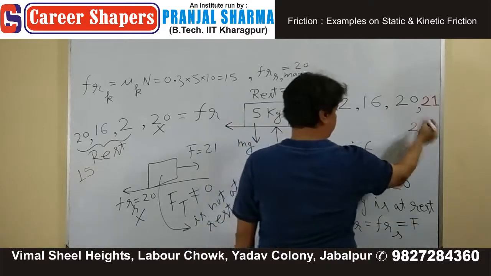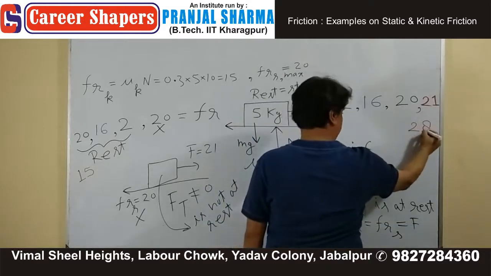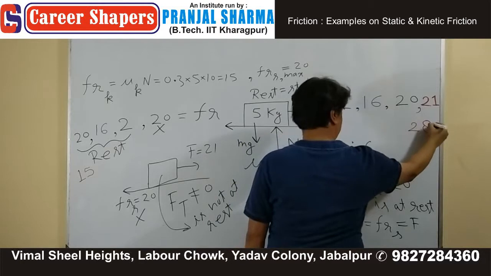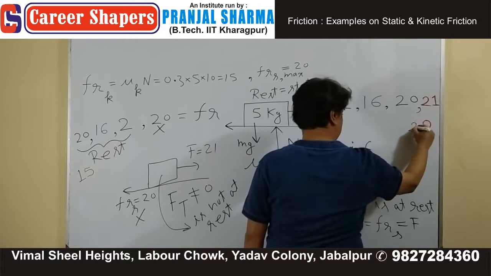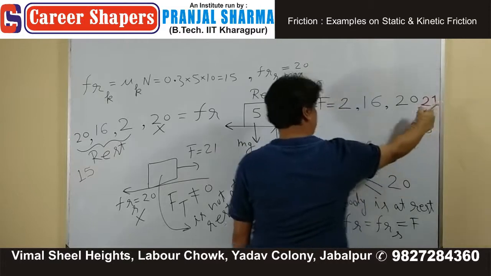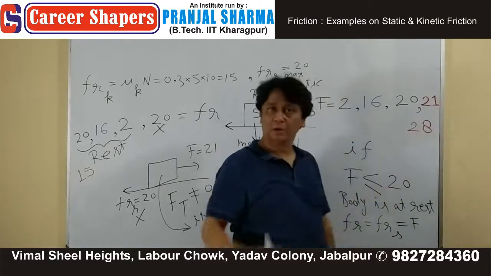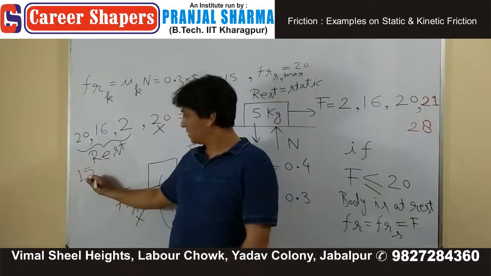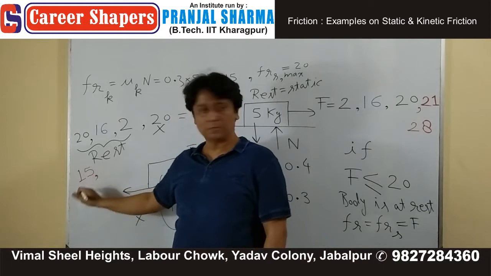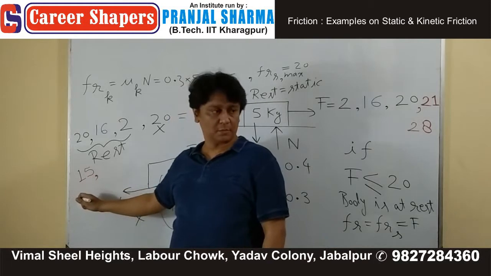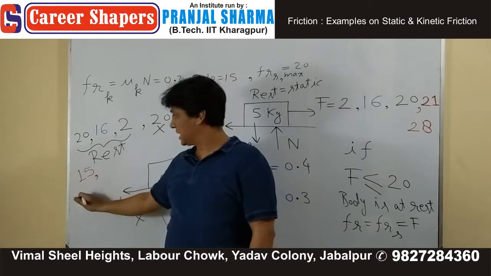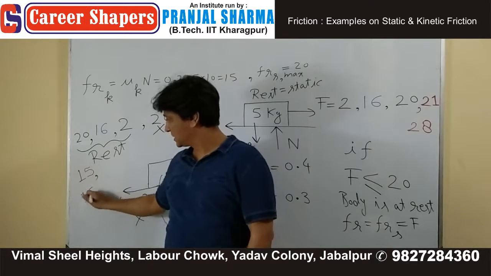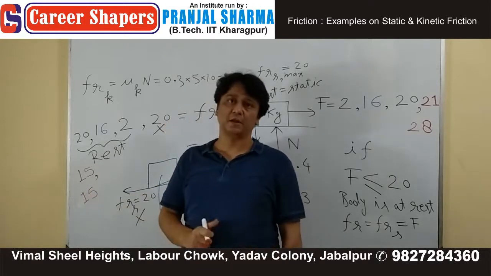If pulling force becomes 28 now, then write down force of friction in the comment box fast. If I increase pulling force from 21 to 28, then what should I write here? Good. It is still 15.